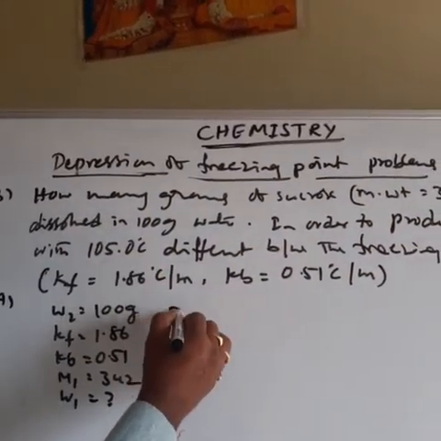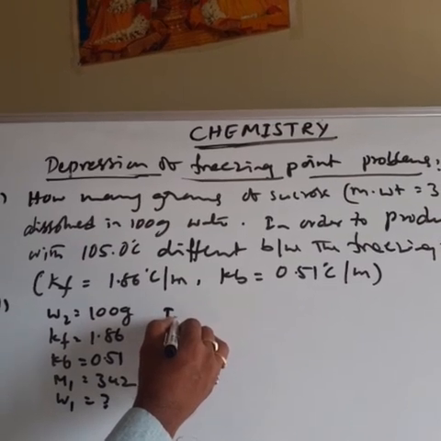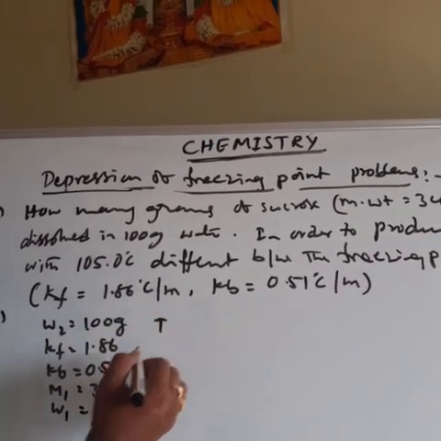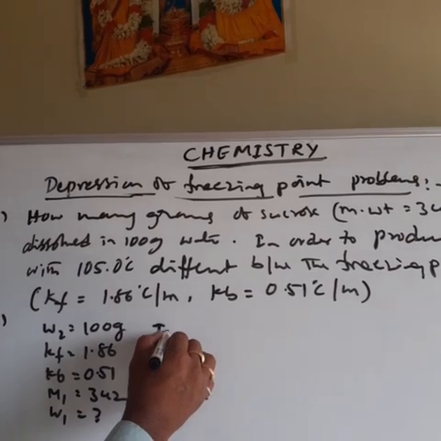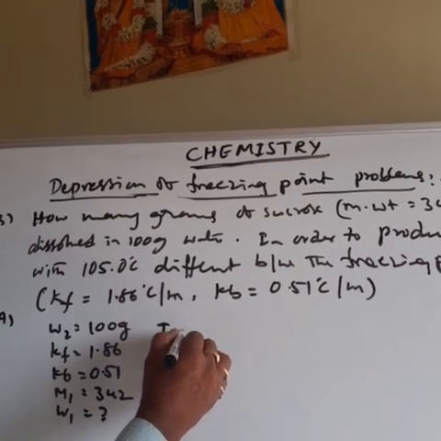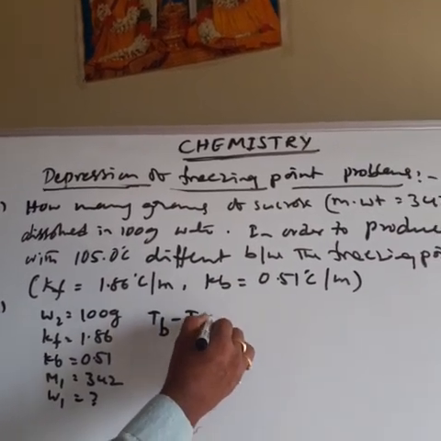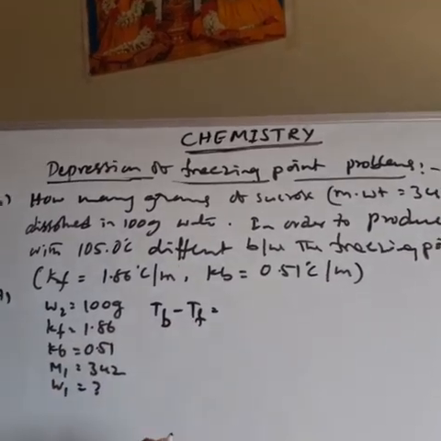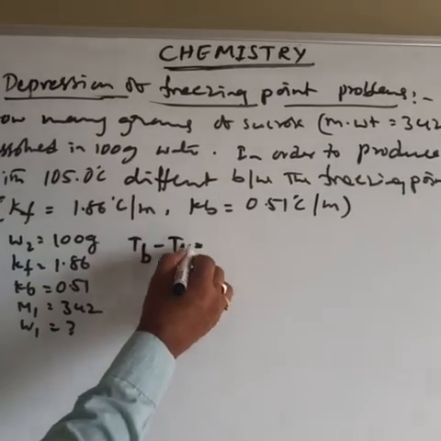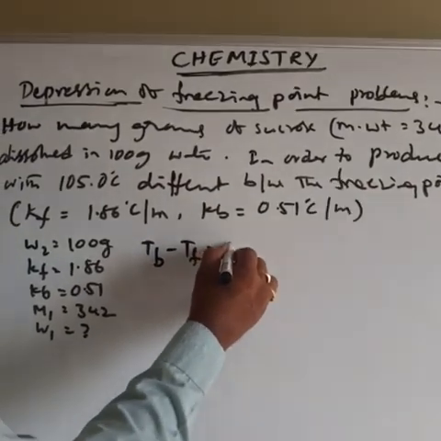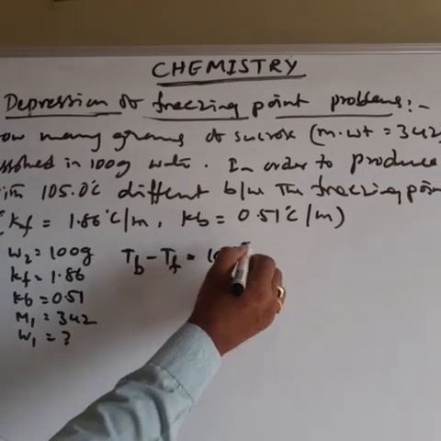That means TB minus TF, boiling point, freezing point difference, what they know, 105 Celsius degree.